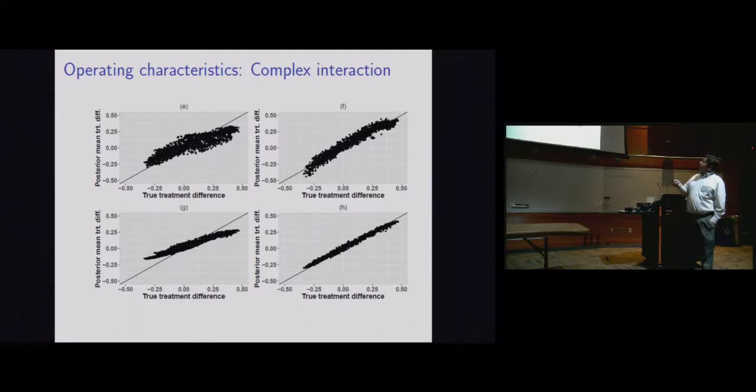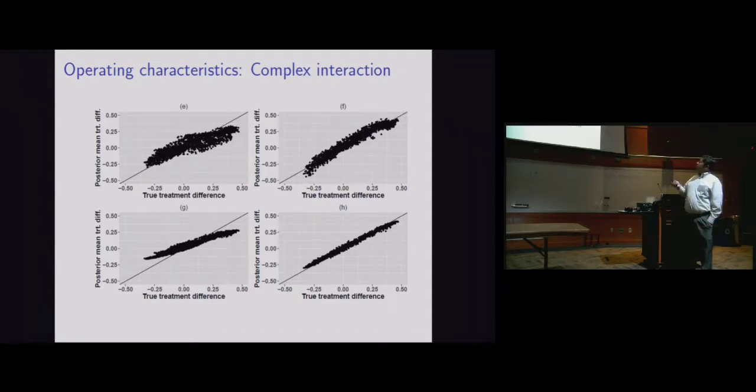And the single data set, it does pretty good. It seems to be a little bit low over here, a little bit low in this direction, a little bit low in this direction over here. With 5,000, that's pretty much resolved. If you average over data sets in a repeated simulation setting, you can see there is a little bit of bias in some of the tail areas or some of the extreme areas where it seems to be shrinking back a little bit, but that's probably not a bad thing actually.